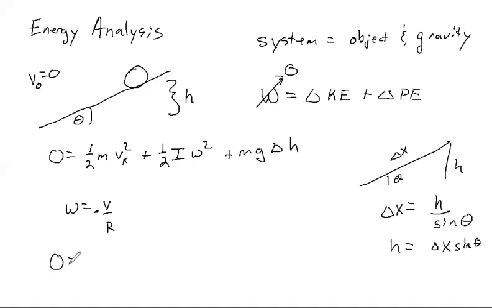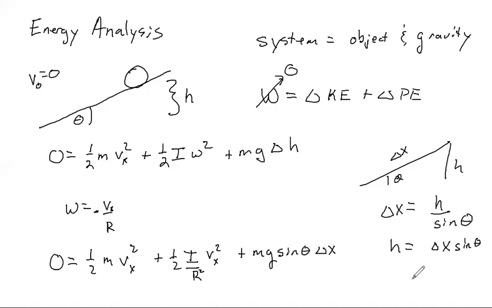I have 0 equals 1/2 the mass times the velocity in the x direction squared, plus 1/2 I times the velocity in the x direction squared over r squared, plus mg sine theta times delta x.